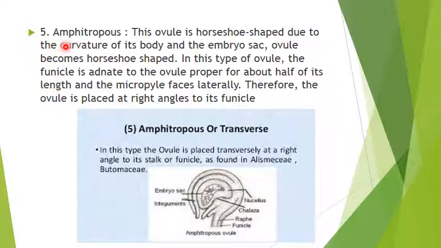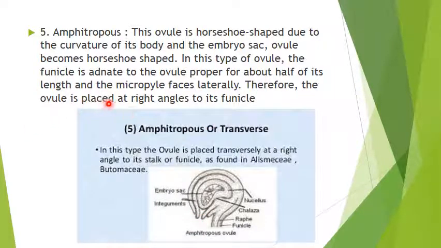Now next is the amphitropous ovule. Here the ovule is horseshoe shaped, due to the curvature of its body and the embryo sac. You can see that the ovule is curved so that it appears like a horseshoe shaped structure. In this type of ovule, the funicle is adnate to the ovule proper for about half of its length, and the micropyle faces laterally.